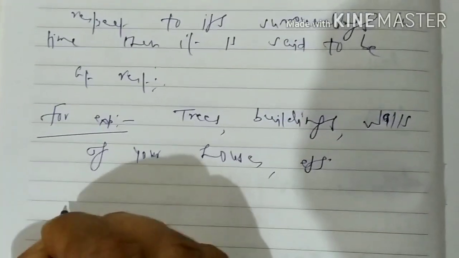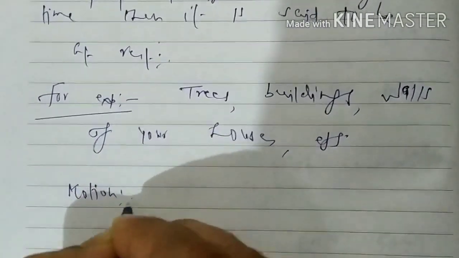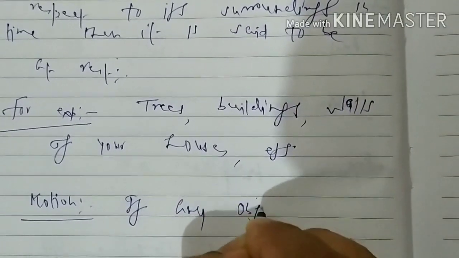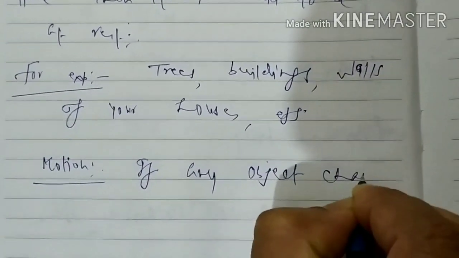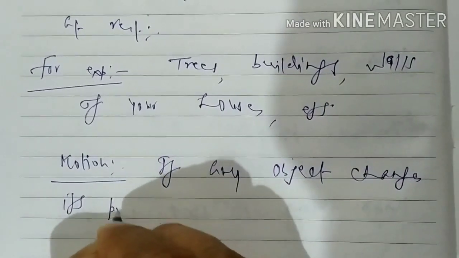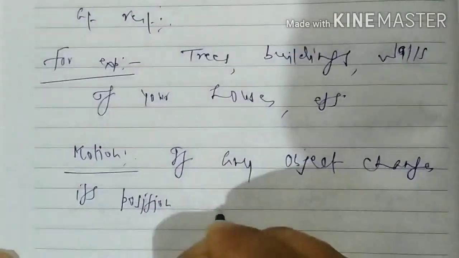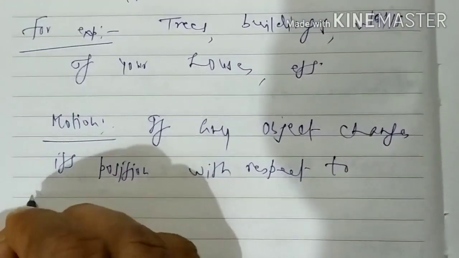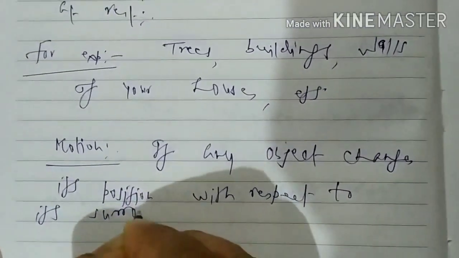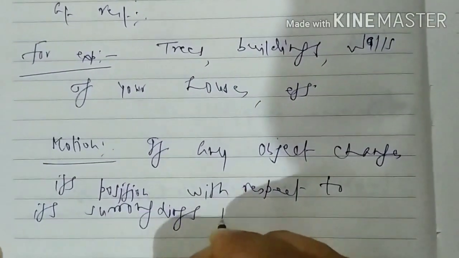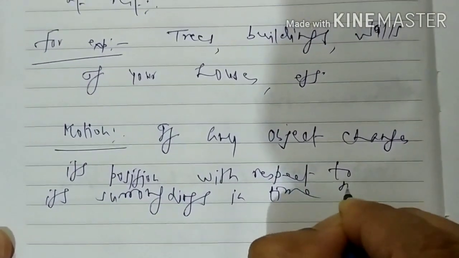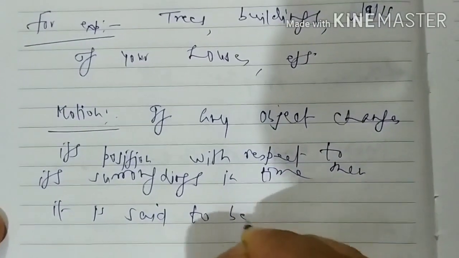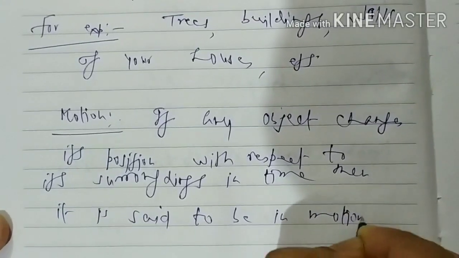But how can we define motion? The term motion may be defined as: if any object changes its position with respect to its surroundings in time, then it is said to be in motion.